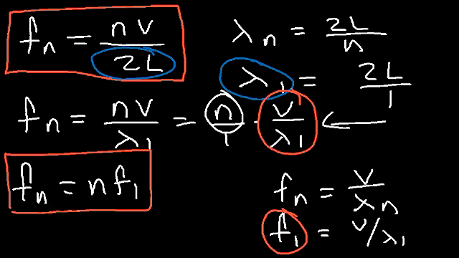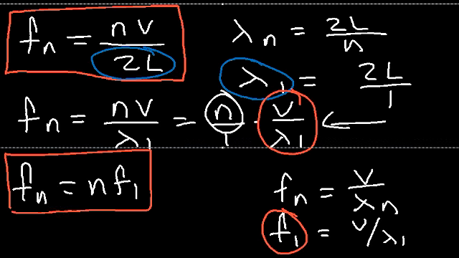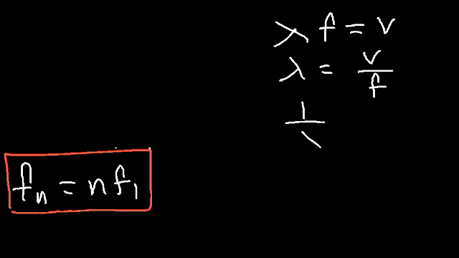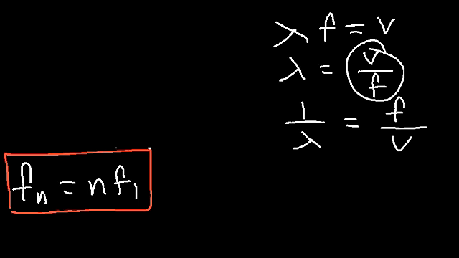Now from that equation, we're going to get another equation. So the wavelength times the frequency is equal to the speed. Therefore, the wavelength is equal to the speed divided by the frequency. And 1 divided by the wavelength is the reciprocal of this fraction. It's the frequency divided by the speed.